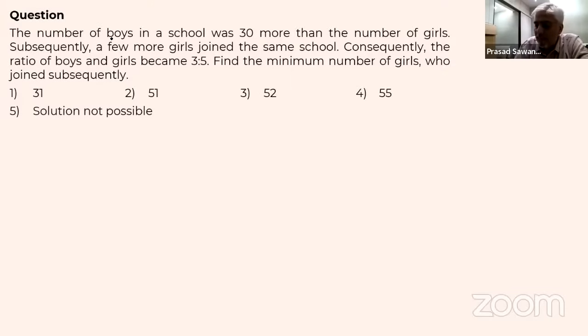So the number of boys in a school was 30 more than the number of girls. I'm not starting the sum. I'll read the sum fully and then I'll discuss it. Subsequently, a few more girls joined the same school. Consequently, the ratio of the boys and girls became 3:5. And find the minimum number of girls who joined subsequently.